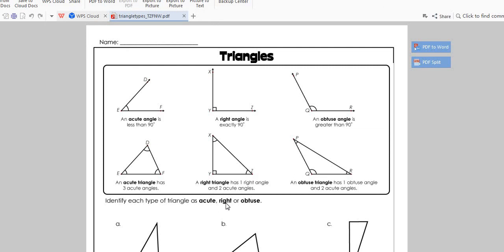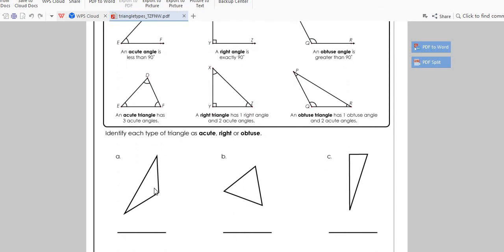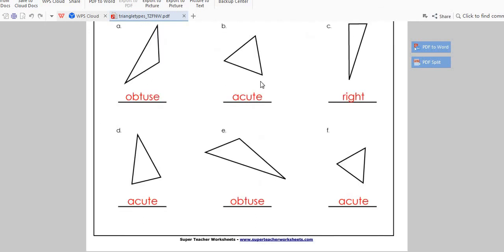Identify each type of triangle as acute, right, or obtuse. It's very easy, you will see. Here, what do you think? I have one very open angle here, so it's greater than 90 degrees, so it's an obtuse triangle. And here I have 3 acute angles, so it's called acute triangle. Here I have just one right angle.